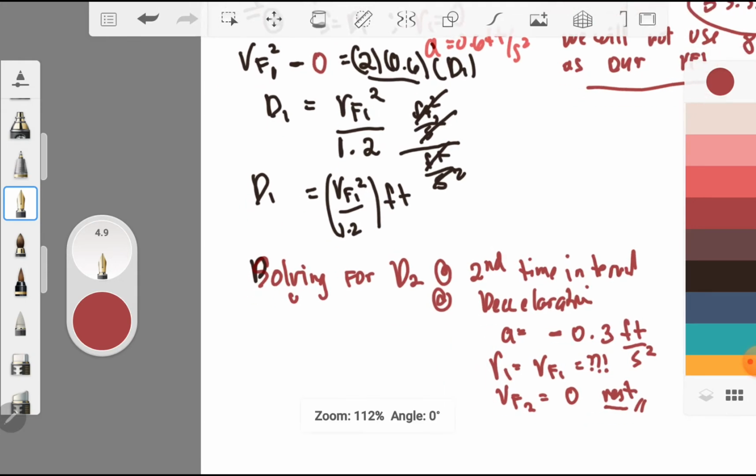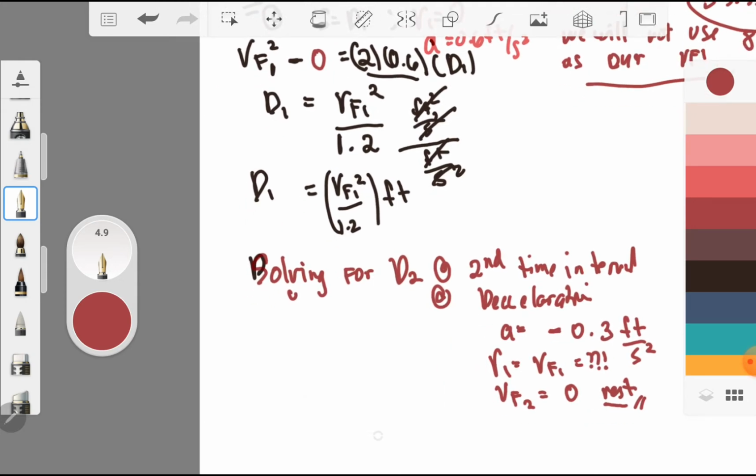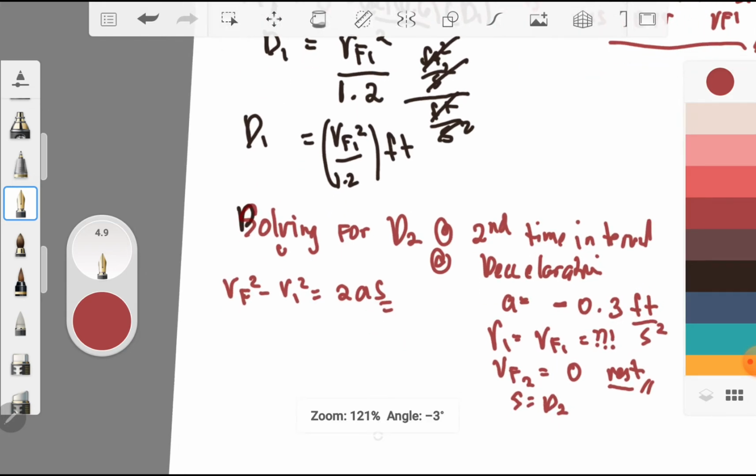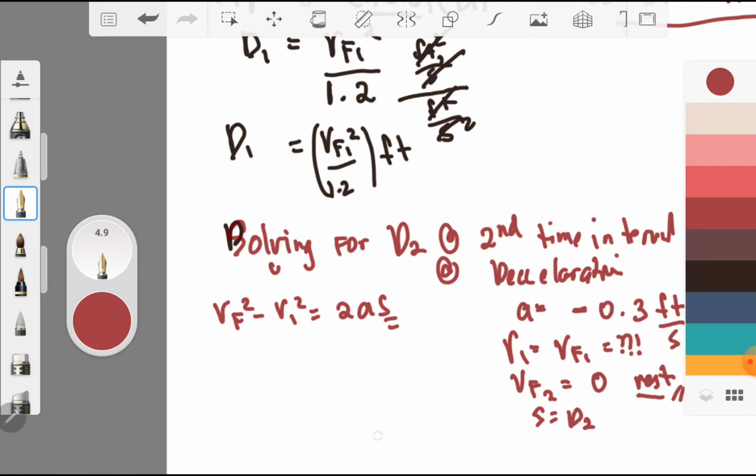Okay, so let's solve the problem. So we have VF squared less VI squared is equal to 2AS, letting our S will be S as your D2. Okay, so we have VF squared, which is 0 squared, less our VI, ano yung VI natin?